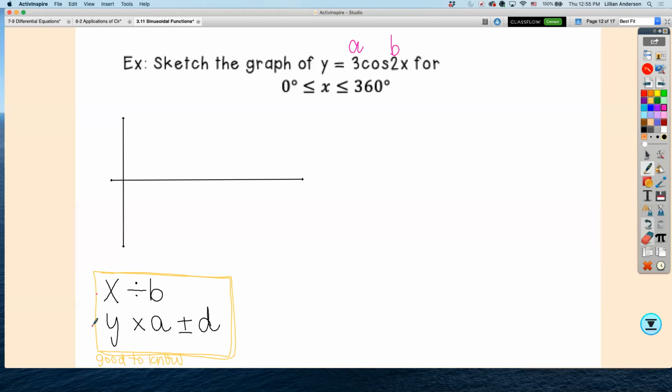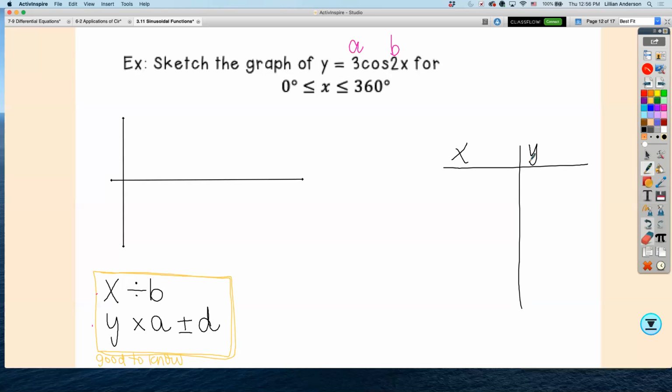Essentially I kind of have to do them at the same time. So what I like to do is make a table, because the table keeps everything nice and organized, especially when I start adding in multiple transformations. Because you're going to get to the point where you're going to have all 3 transformations.